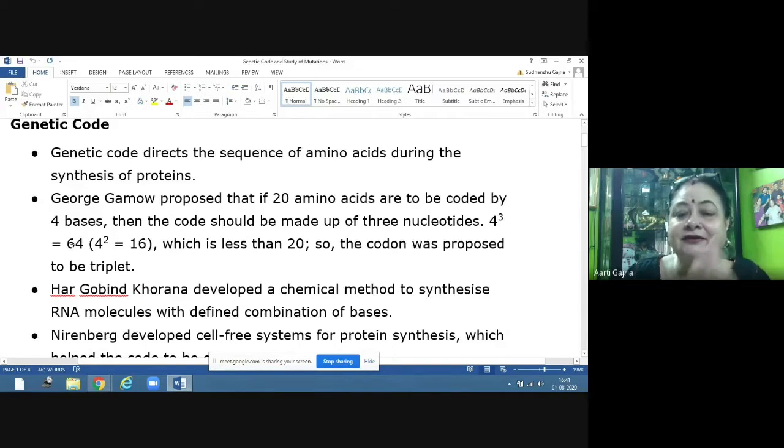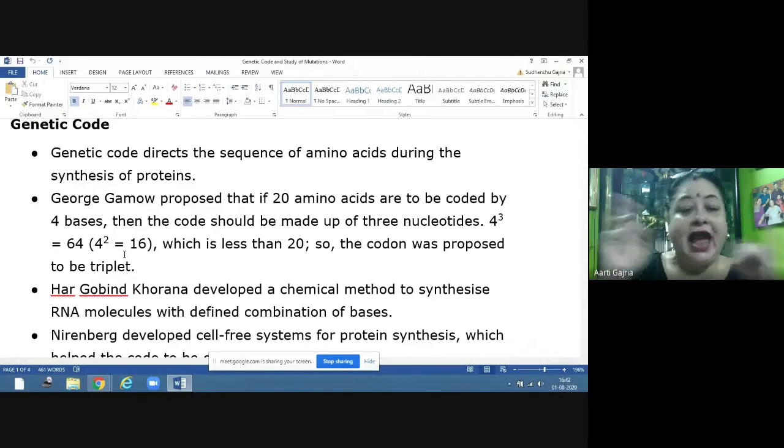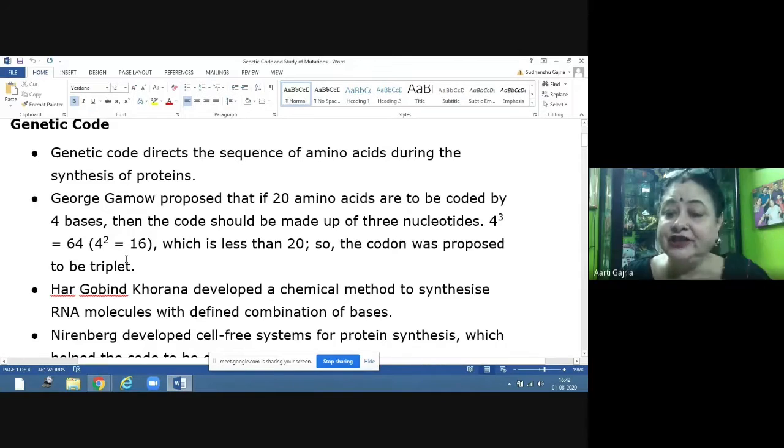64 is much more than 20, but it was a bold proposal by George Gamow. He said it can't be 2 because with 2 bases, by permutation and combination, there can be only 16 combinations, but if we take 3 together there are 64 combinations. So he said the genetic code is made up of 3 nucleotides.